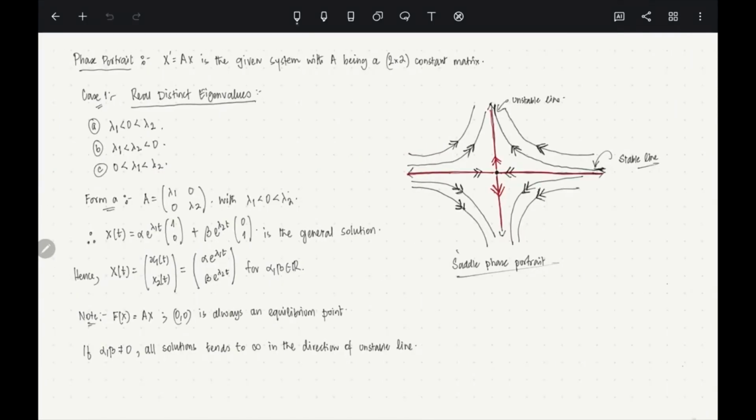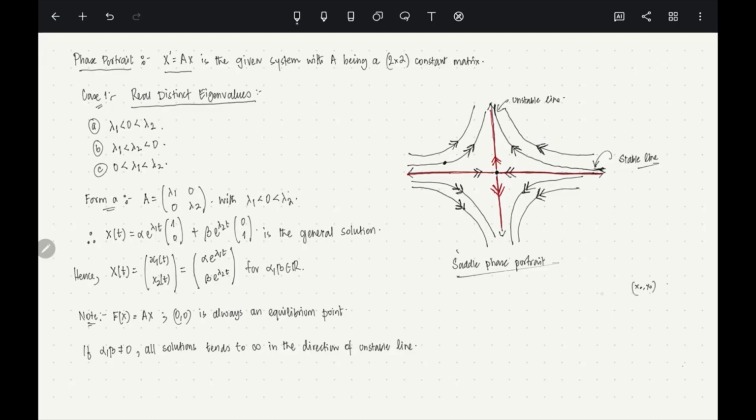Think about it. In this picture, if I'm putting a point here, I want to see the evolution of this point. Essentially, our initial condition is this point, let's say x naught, y naught.